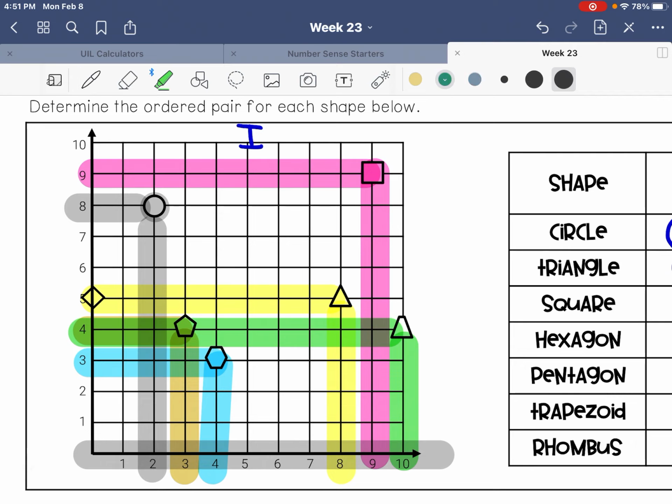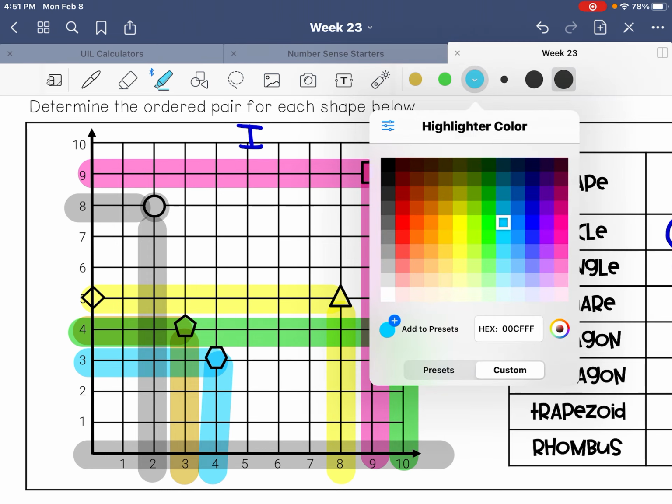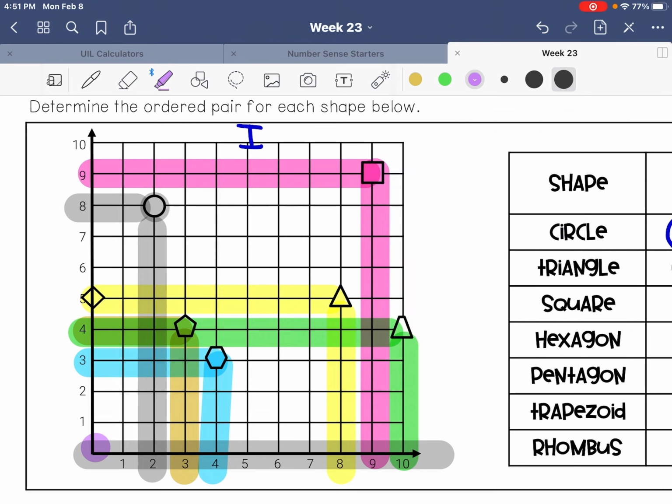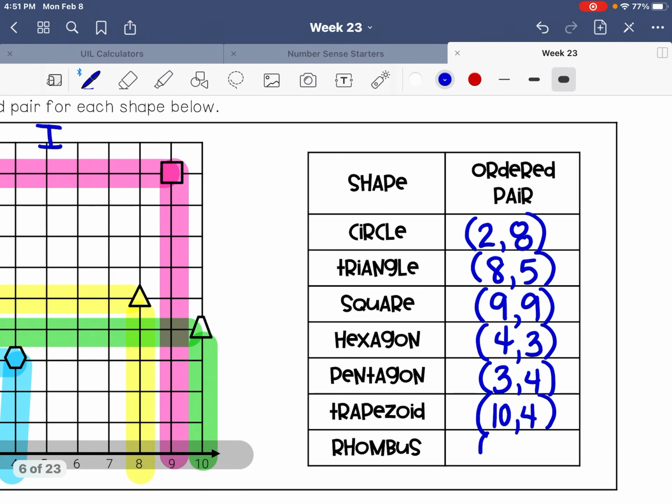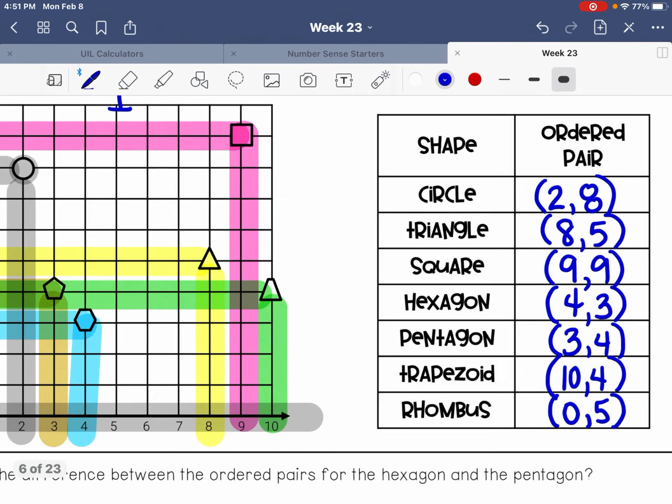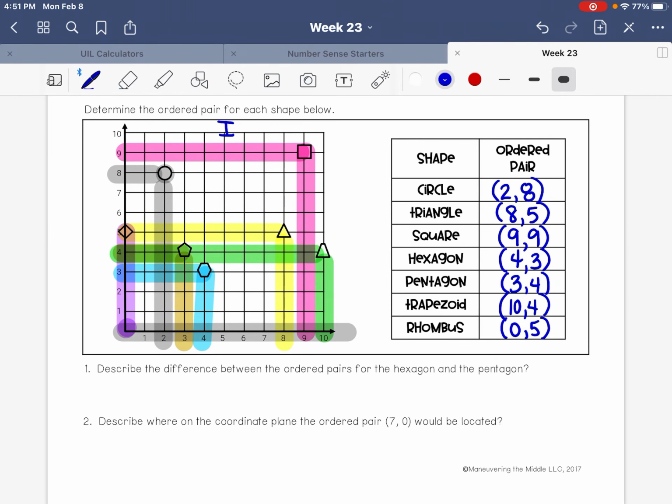The rhombus is actually not in a quadrant. It's on the y-axis. As you can see, it's where x is 0 and y is 5. So we would say that it's on the y-axis because it's at (0, 5). All right, so that's how we write the ordered pairs to go with those different shapes on that coordinate graph.